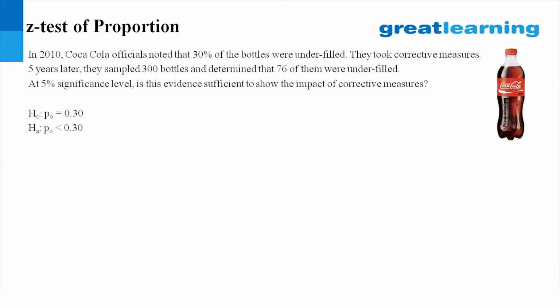You want the proportion to decrease to a certain extent. So your alternative hypothesis would be that it should be less than. Then what you actually note after taking the sample, that 76 of them are still underfilled, is denoted by P hat. So P hat will be 76 upon 300.